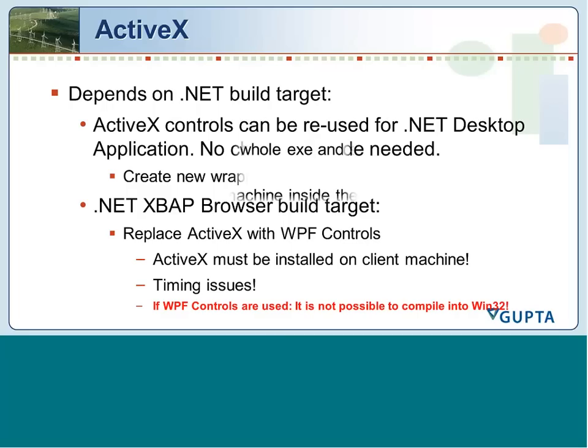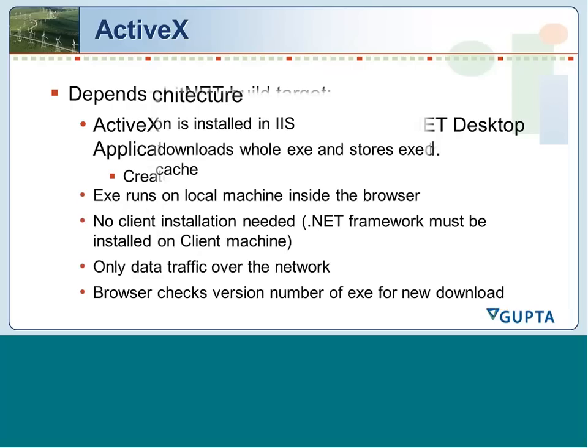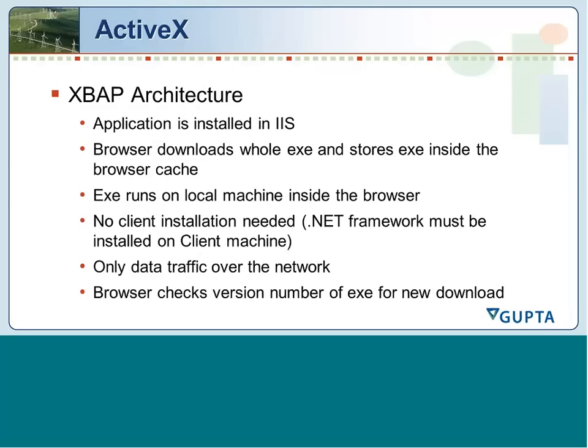So, XBAP architecture. The application is installed on IIS, and you need a certificate and so on to run this application inside the browser. The browser itself downloads the whole application and stores the executable inside the browser cache.